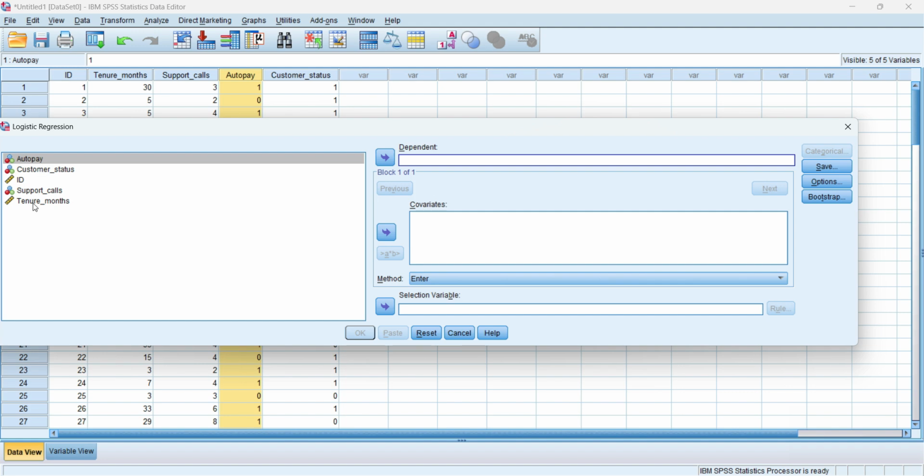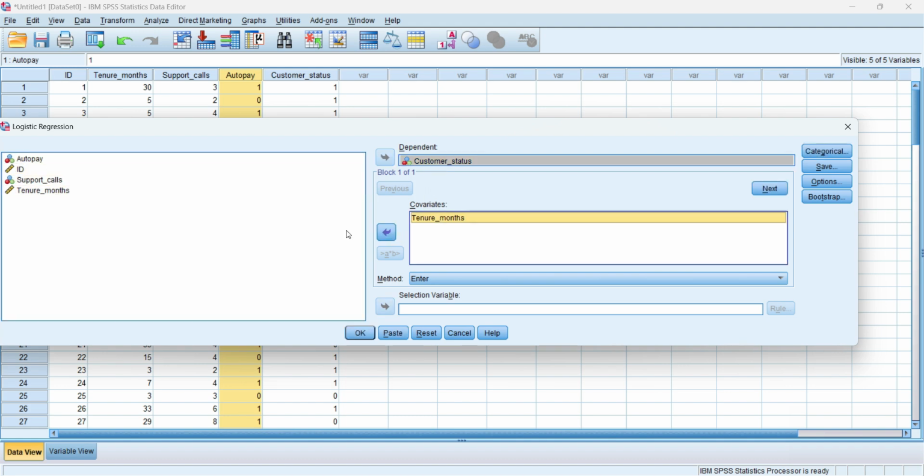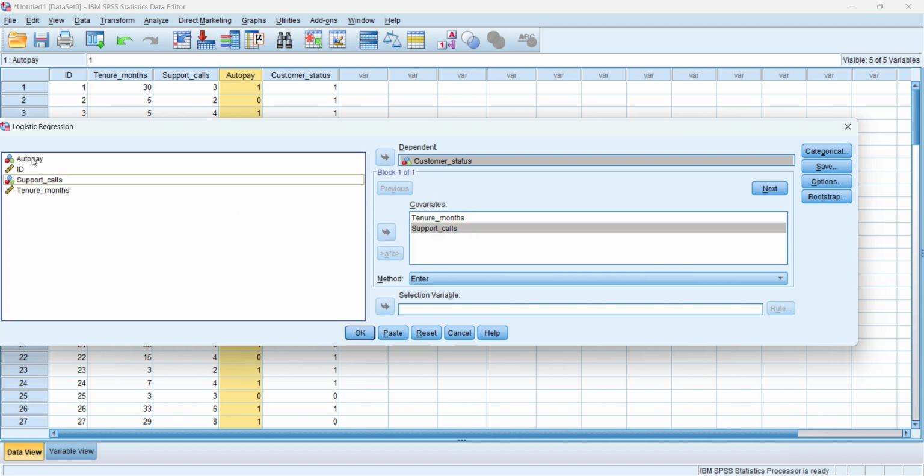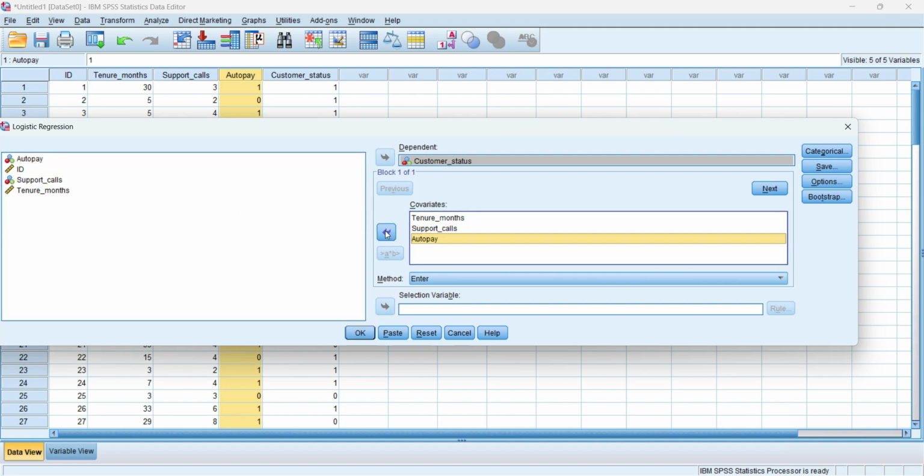We put the dependent variable, customer status, here, and the independent variables go in the covariates box. First one is tenure, then support calls, and third one is autopay.